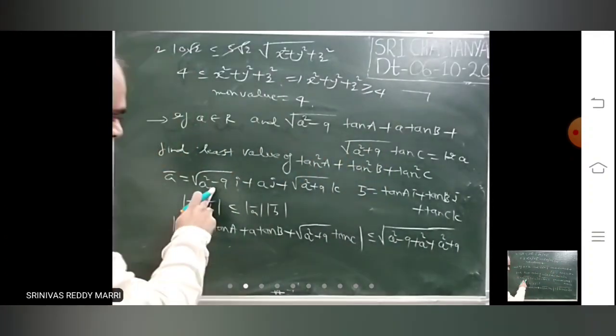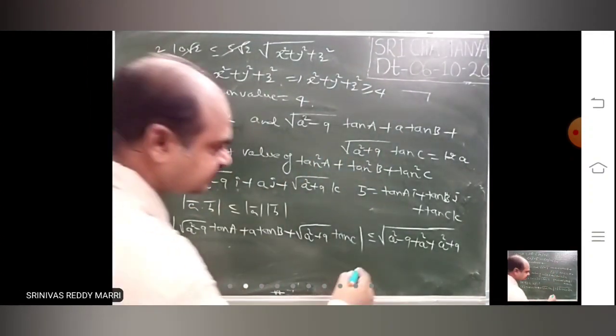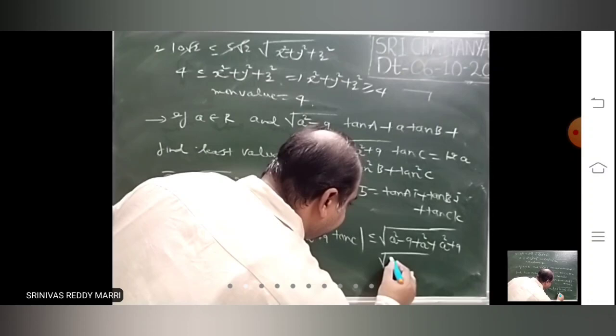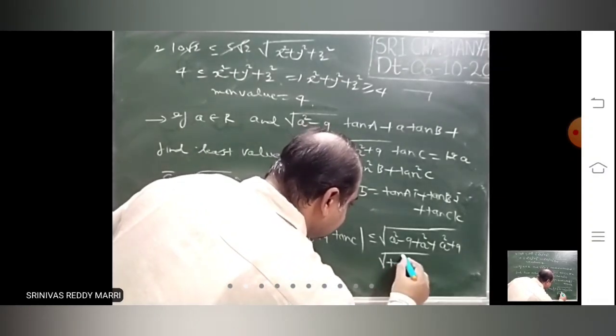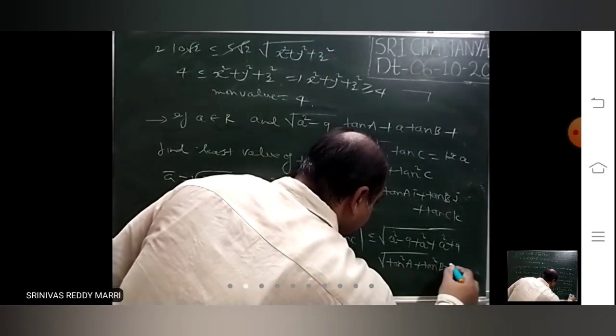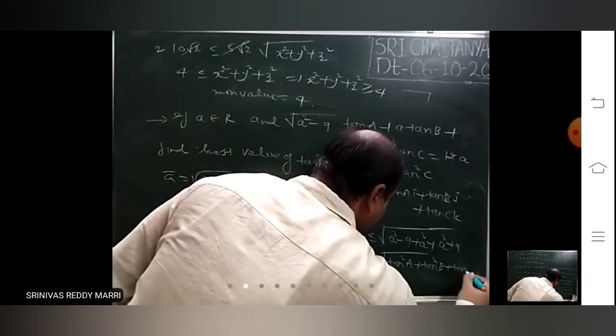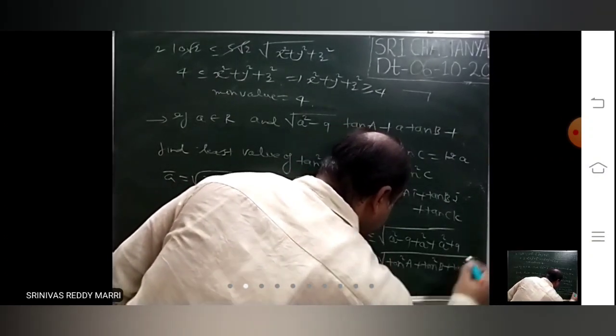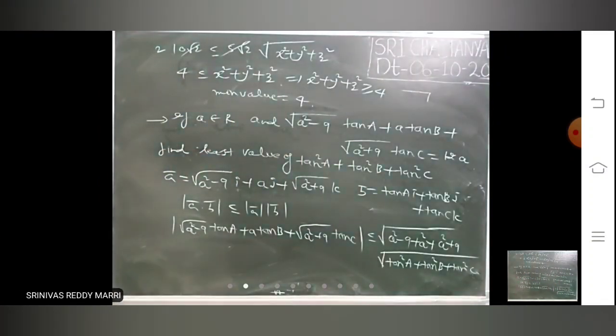This is modulus, this square plus this square plus this square, into root of whatever is required. So this value is given: modulus 12a less than or equal to root of 3a square.